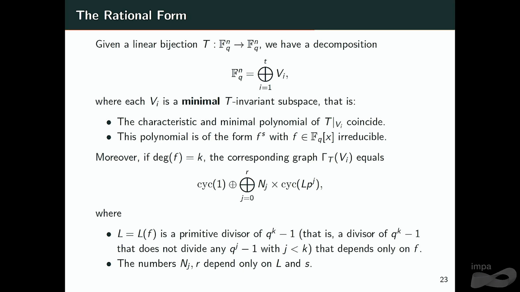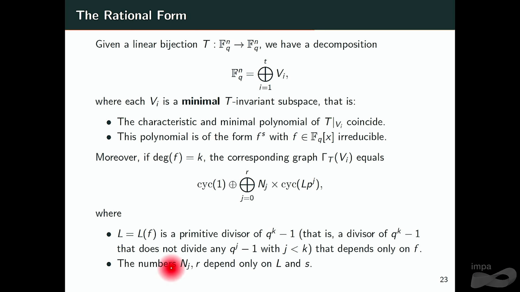And moreover, we only have one restriction here on L. If my polynomial has degree k, my number L here must be a primitive divisor of q to the k minus 1, which means that it divides the number q to the k minus 1, but not another number of this form with a smaller exponent.